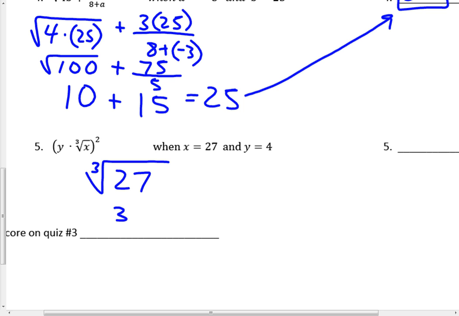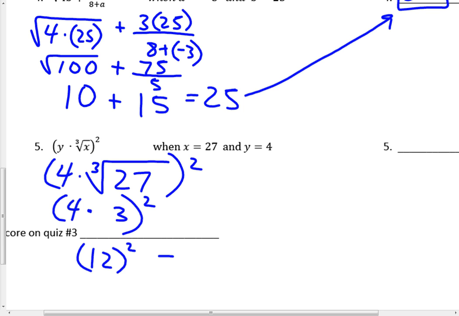If you don't, come up to my desk later on and we'll take a look and make sure. Now put in the rest of the stuff. You got a 4 here and you got a power there. What do you do first? Do you do the parentheses or the exponent? PEMDAS. P comes first, so I do parentheses first.